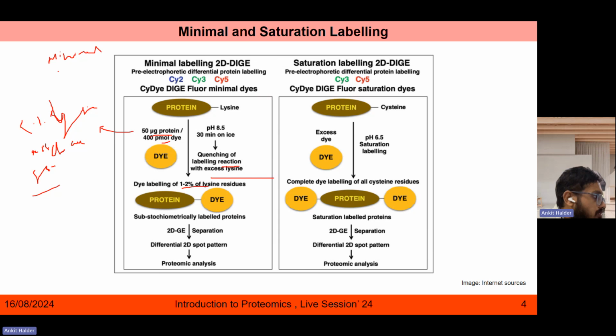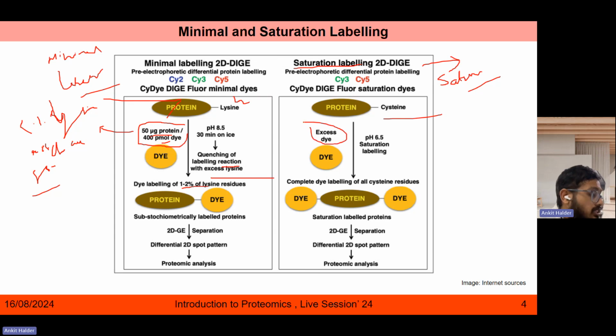So please keep in mind for minimal labeling and saturation labeling: one you are adding to the lysine, the other you are targeting cysteine; in one you are giving a very fixed and limited amount of dye, in the other you are giving excess dye, right?